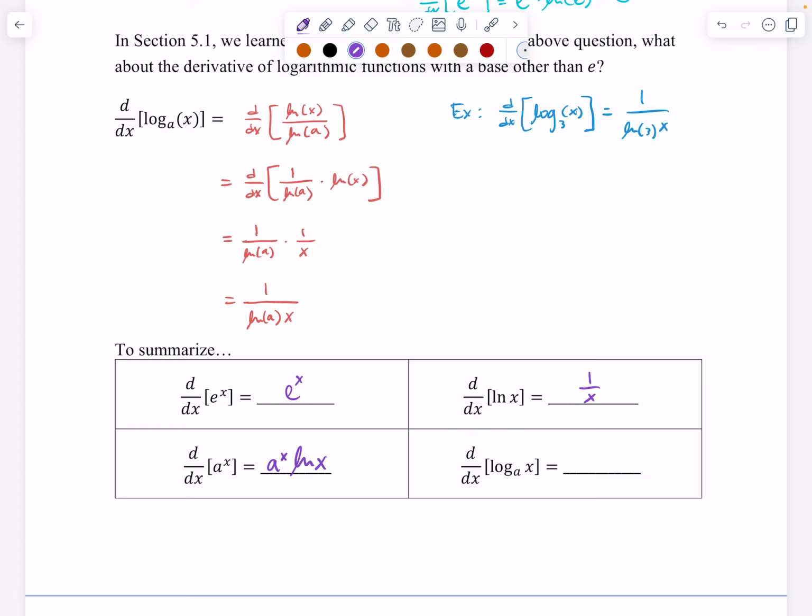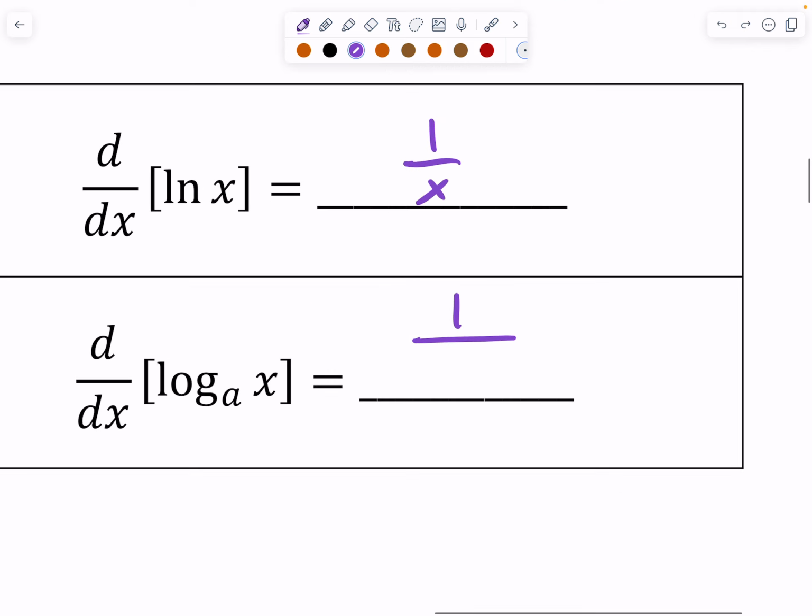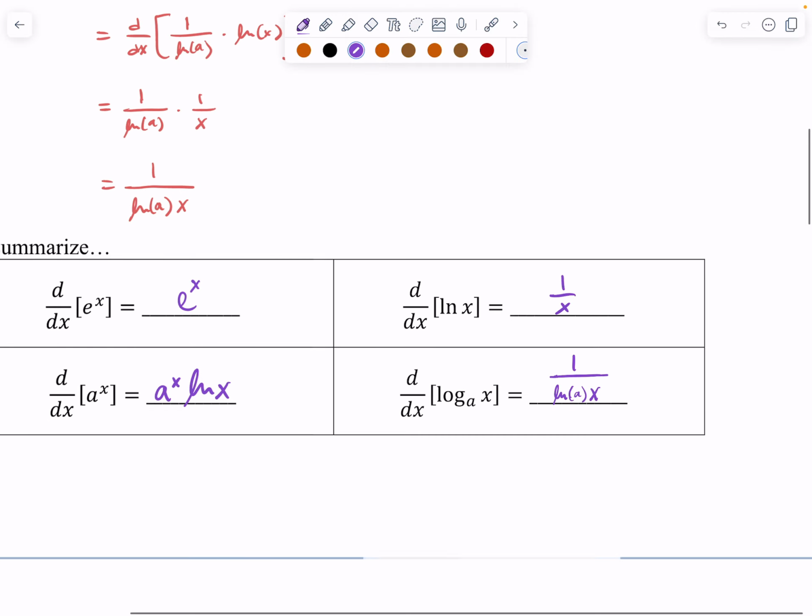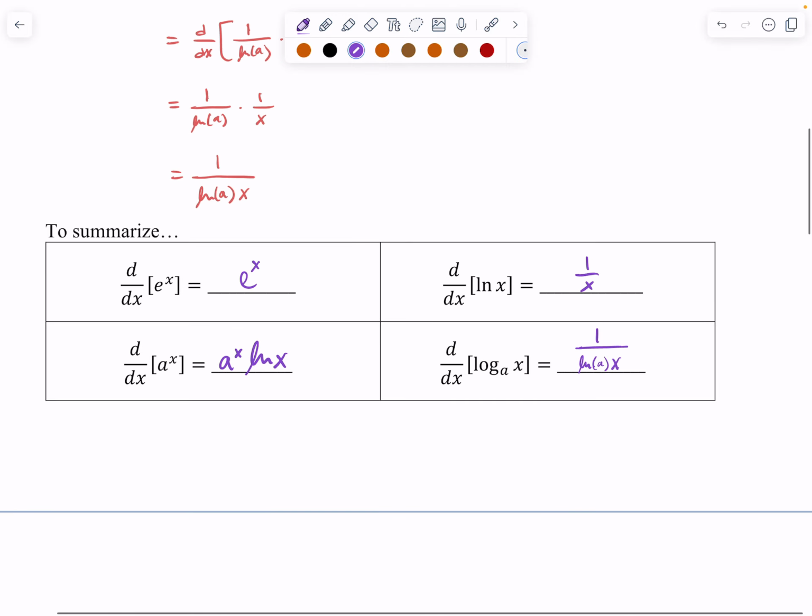And the derivative of log base a of x would be 1 over ln of a times x. Oops, my n didn't really look like an n.